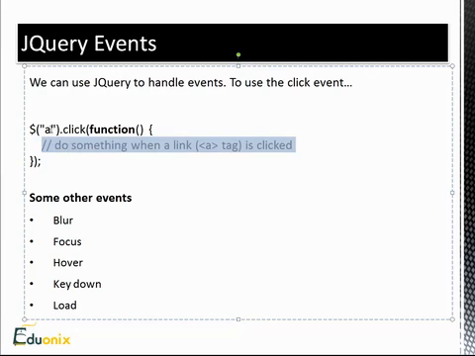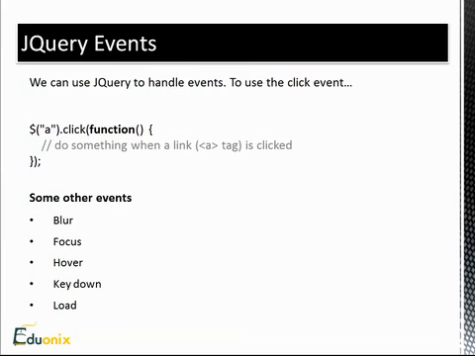We could add a class to all the links when they're clicked if we wanted to do that. Some other events include blur, focus, hover, keydown, load, and if you go to the jQuery website, you can see all the events that we can deal with.